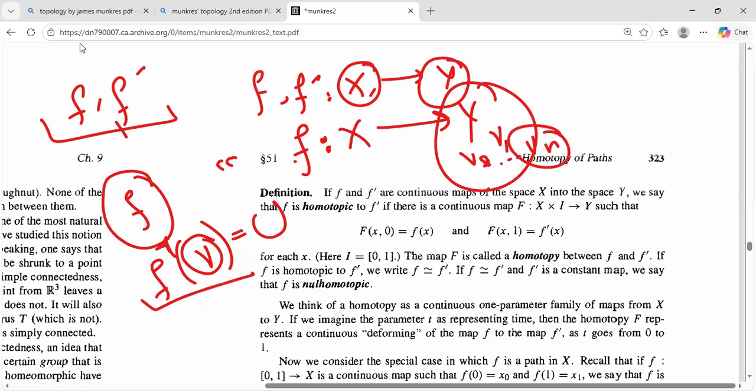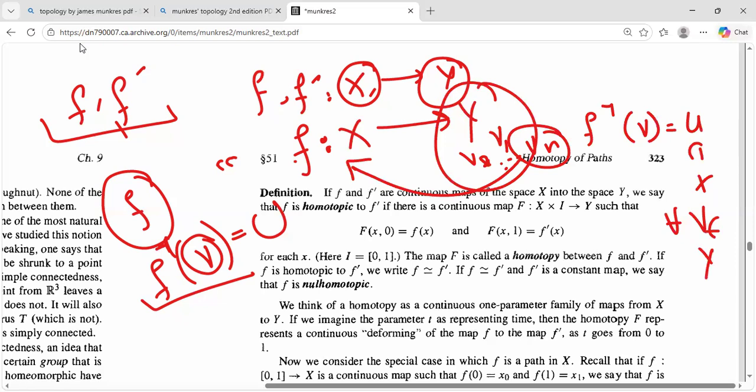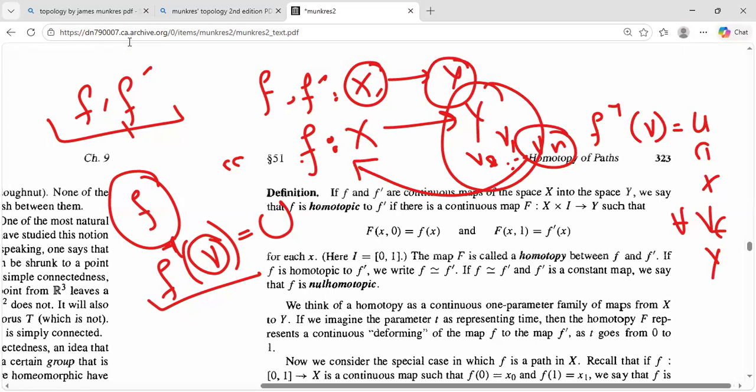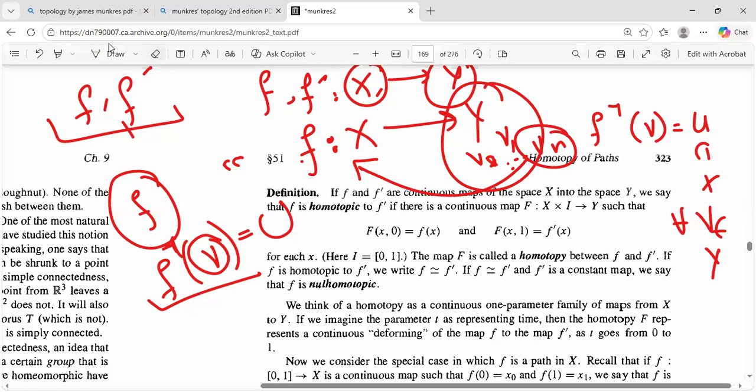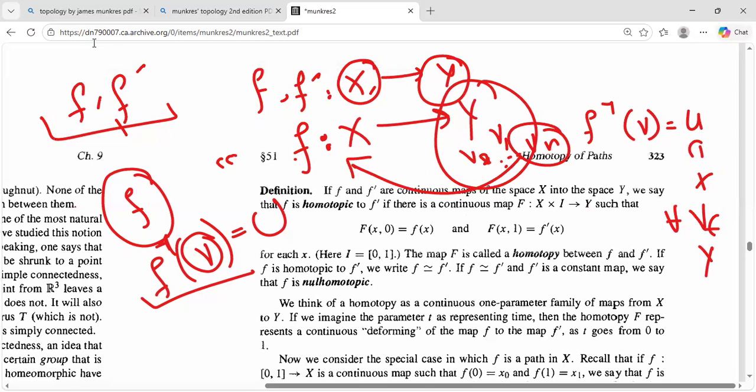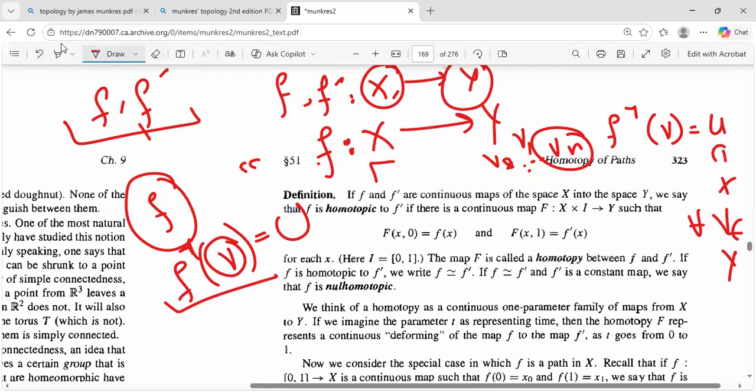If we take the pre-image, the inverse image of every open set is also open in X, for all V open in Y. So this is the definition of continuous functions.